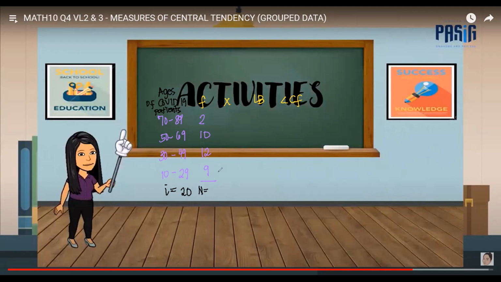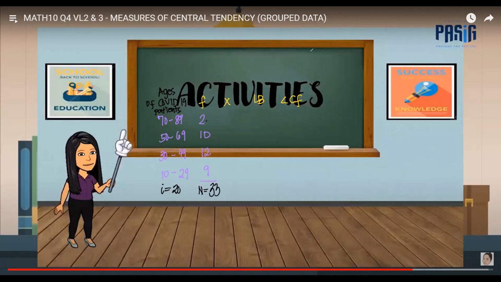Ano magiging value niyan? Paki-add po ito. Usog natin si I. Paki-add po. Two plus 10 plus 12 plus 9. 33. So our n is 33.